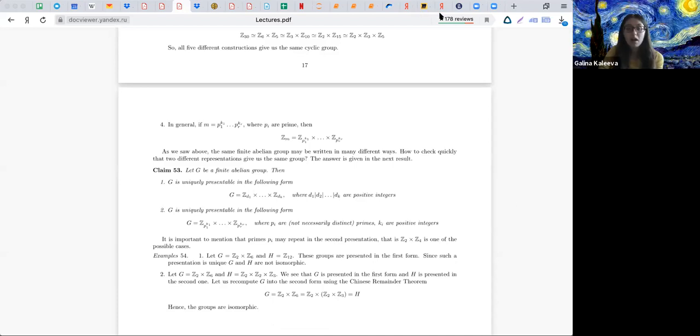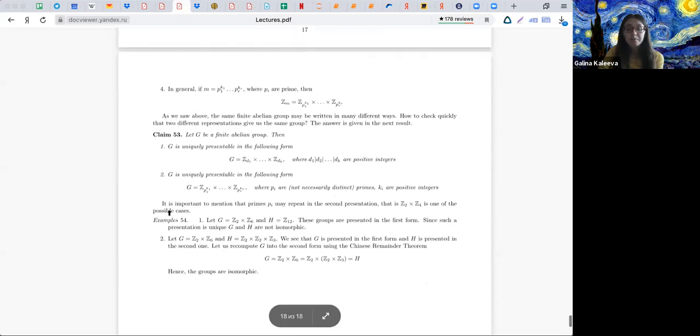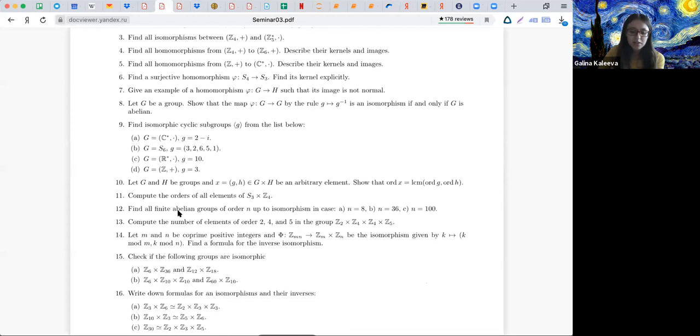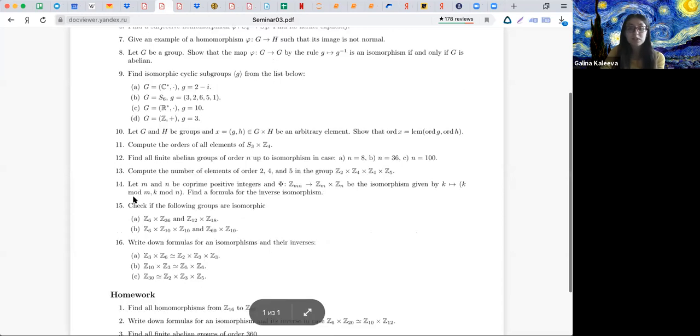Then let's solve the last problem of our today's class. Let's check if the groups Z6 times Z36 and Z12 times Z18 are isomorphic. We can use one of those decompositions.